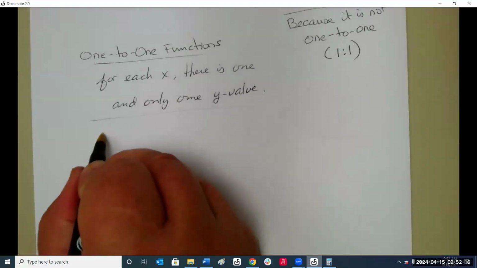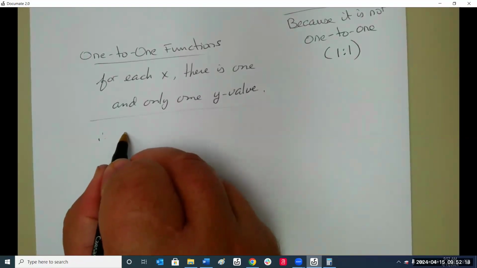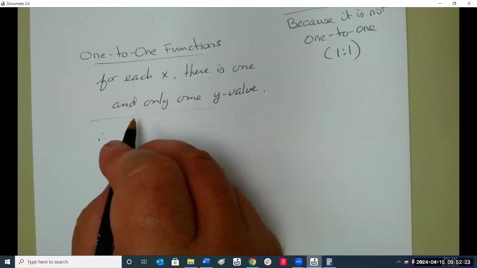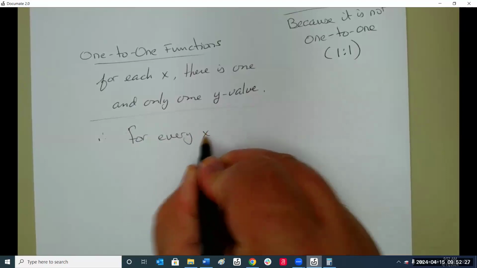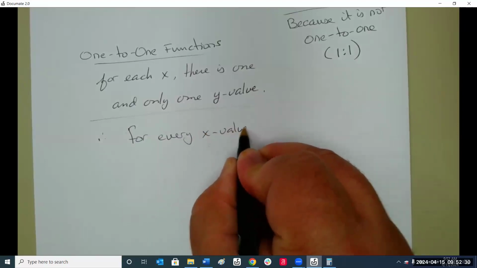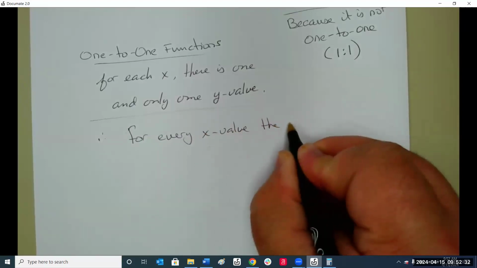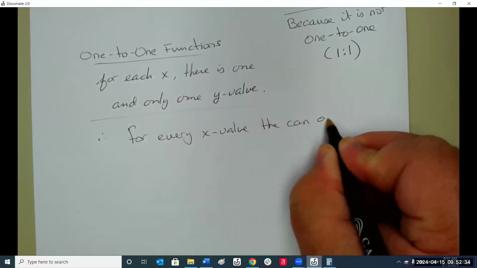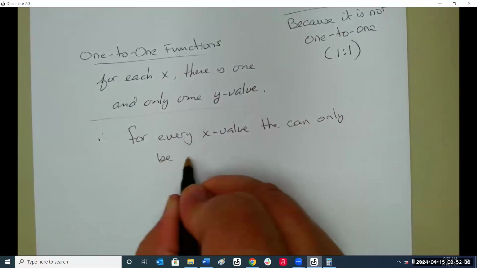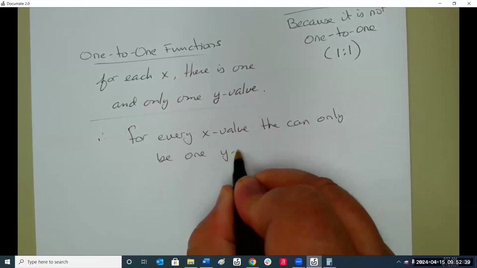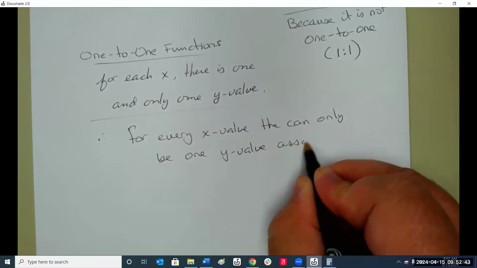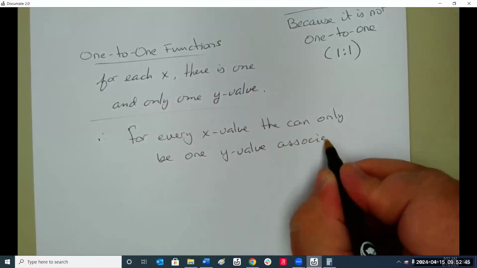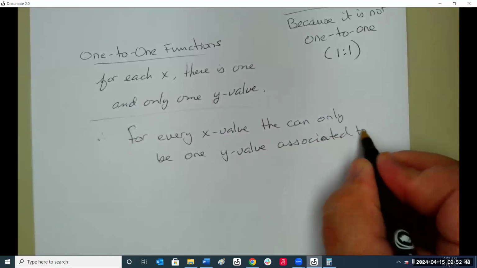So basically it says this. For every X value, there can only be one y value associated to it.